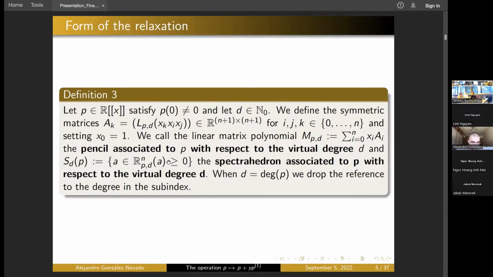But when it is definite, it is positive semi-definite when P is real zero, and then from P you construct another real zero polynomial, the one you get by taking the determinant of this matrix M_P. So we have a process by which, in the generic case, you take a real zero polynomial and construct another real zero polynomial.